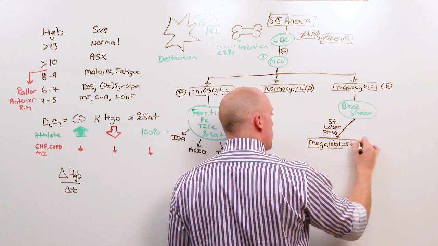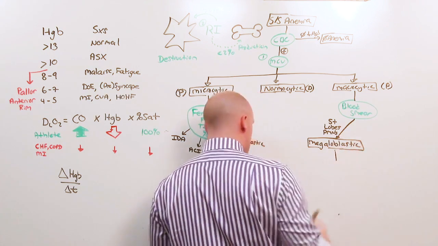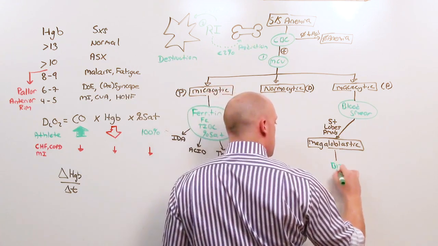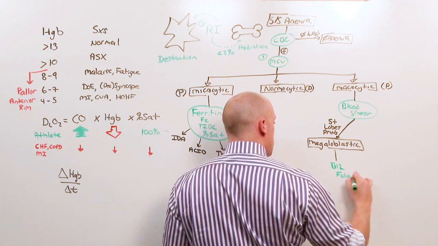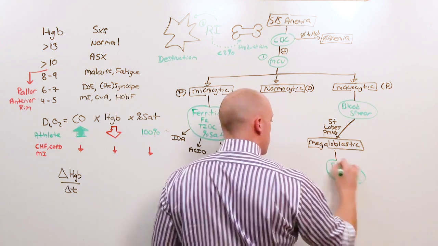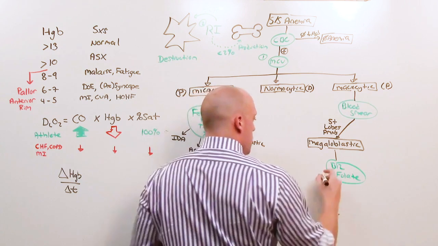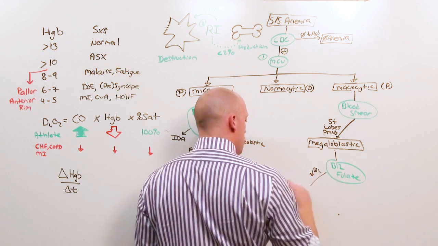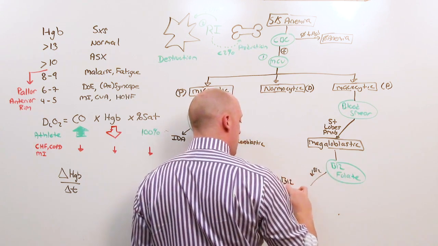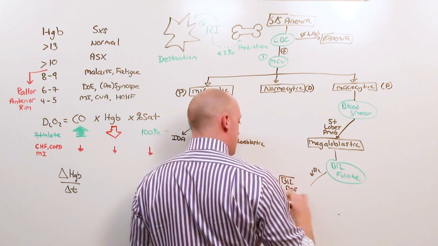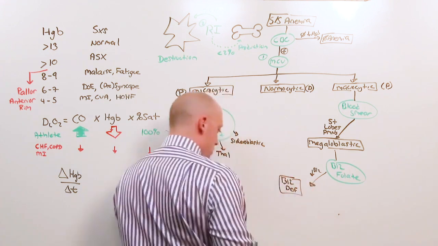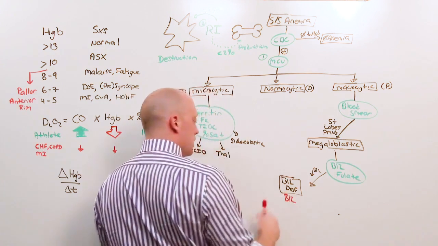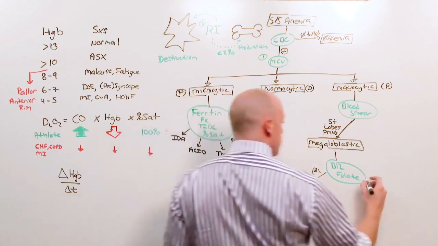Megaloblastic anemia implies impaired DNA synthesis and comes down to two diseases, B12 deficiency and folic acid deficiency. So you check a B12 and a folate. If your B12 is low, you have a B12 deficiency, and you replete B12. How you do that is a bit more complex and is in the macrocytic anemia lecture.